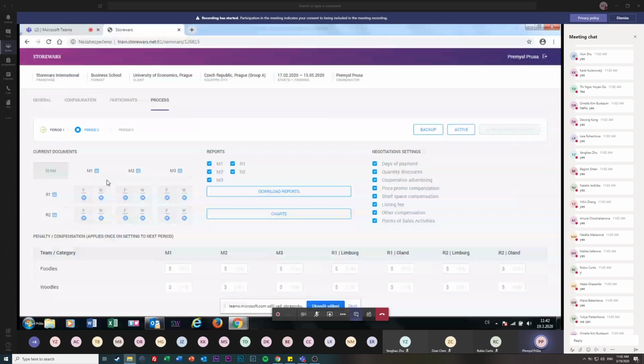But now you will do it for period 2, but based on the negotiation. So that's basically the plan. The idea is really to use the time and negotiate, fill in the negotiation forms, and based on the negotiation, fill in the decision for period 2.